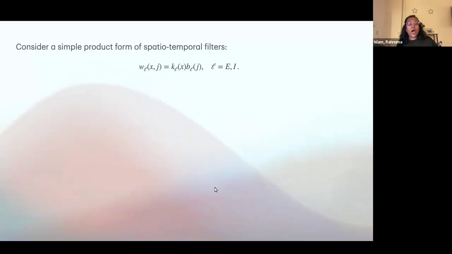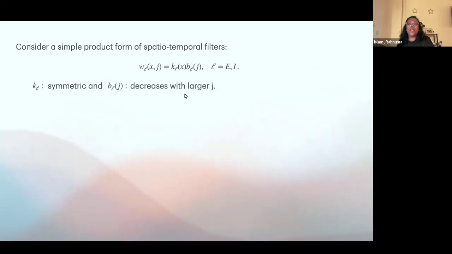So then we had to separate the space and the time to do the analysis. This is the filter that we use, where we are separating those kernels into x and time parts. For the space kernel, the condition is that it has to be symmetric, and B_L has to decrease as j gets larger.